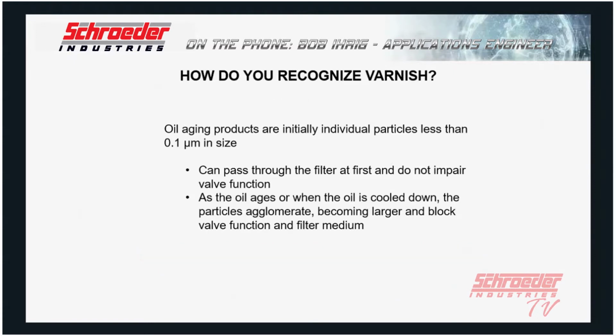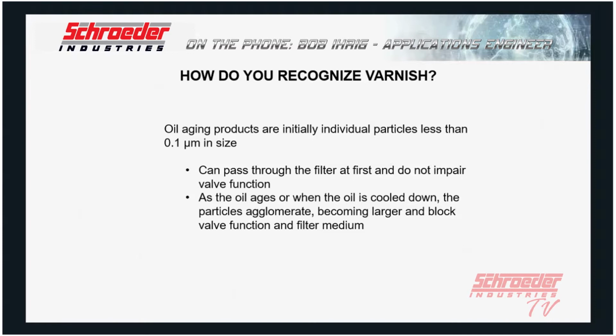So how do you recognize it? Like I said earlier, the particles are very small, at least whenever the fluid is warm. They can be as small as 0.1 micron or less in size. So it's very fine, and in those cases, filtration really doesn't solve any problem at that particulate size, because it can pass through a filter relatively easily, and we really can't accomplish much with conventional filtration.